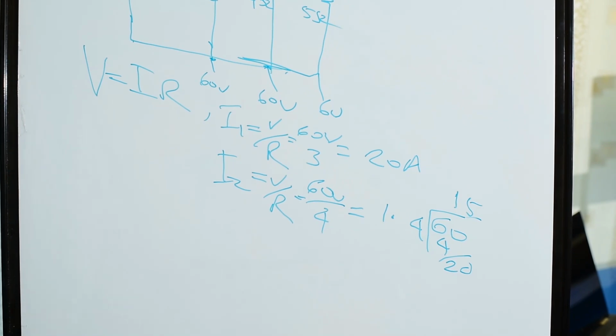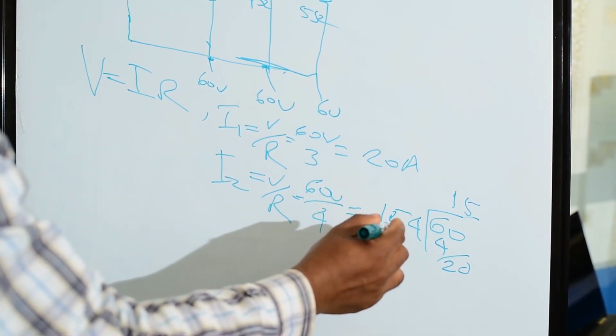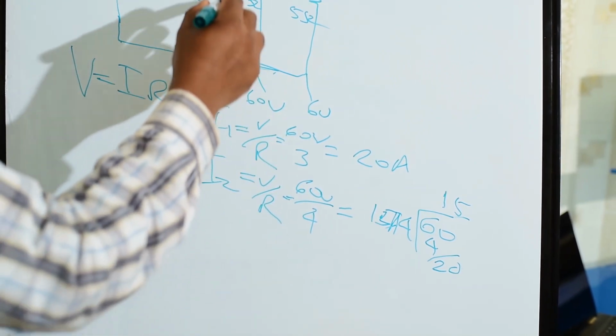So you'll have 15 amperes. 15 amperes flows in this branch.